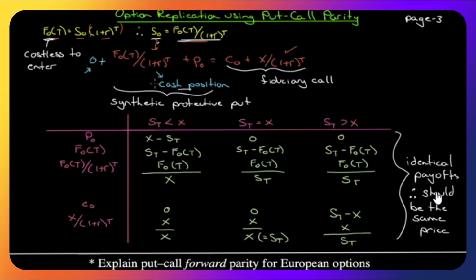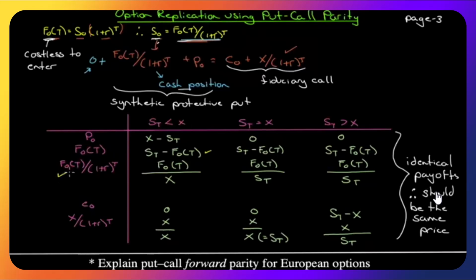This is called a synthetic protective put. This is called a fiduciary call, and we can walk through to make sure that we have the same payoffs. Let's put the stock price underneath the strike price. The put will have a payoff of X minus the stock price because the put will be in the money, X minus ST. The forward will always have a payoff of ST minus the forward price. So it's the stock price at time T minus the forward price in every single case.